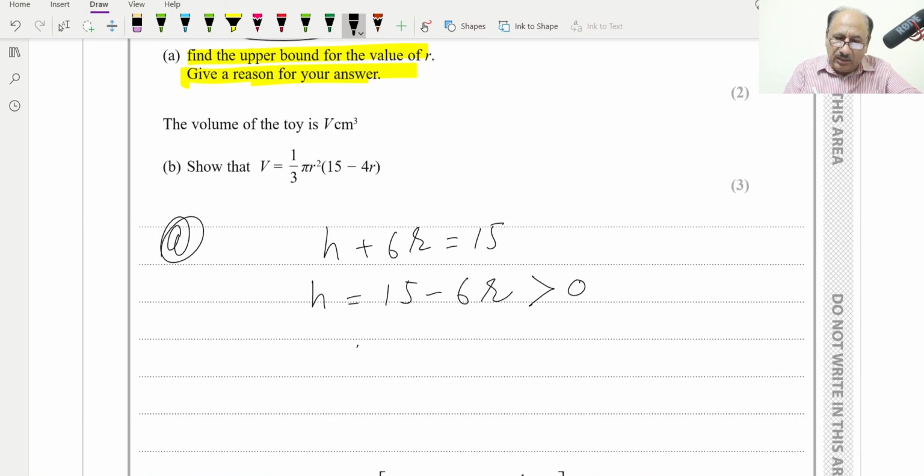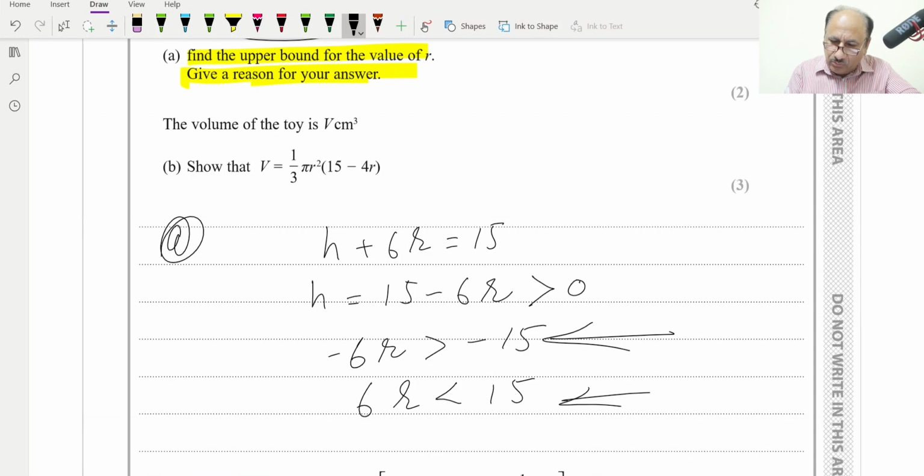So we can write minus 6r is greater than minus 15. So 6r is less than 15, because we have multiplied this whole inequality by minus 1, so the sign of inequality will change. Hopefully you understood this step.